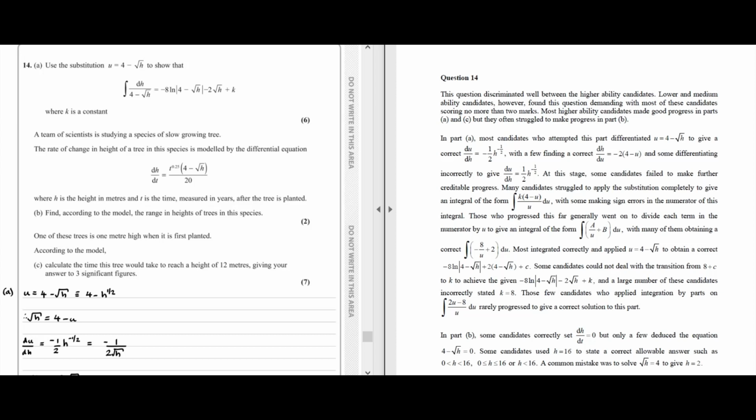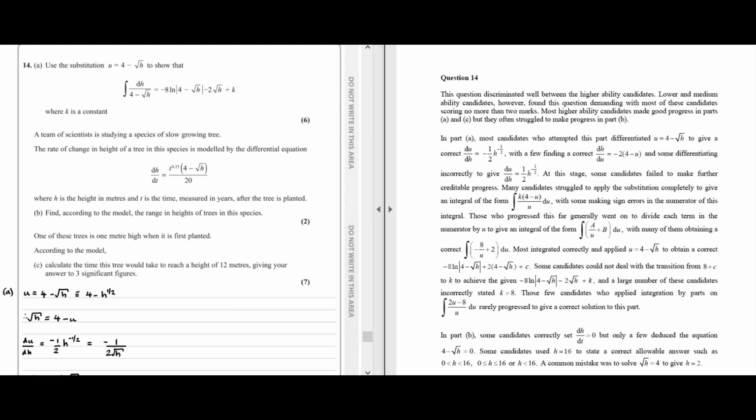Question 14 was a differential equation question. Part A, where we had to use our substitution to find an integral. A lot of people did this correctly, but there were some who incorrectly differentiated to give du over dh equaling a half h to the minus a half.